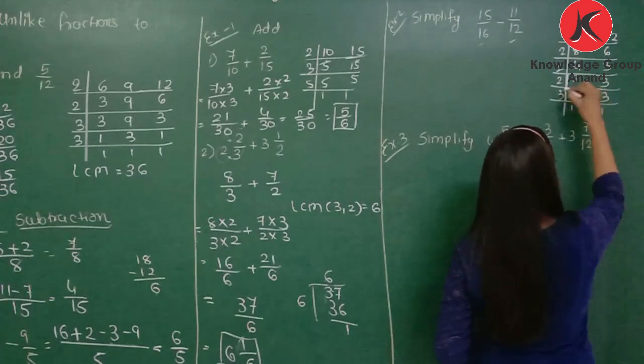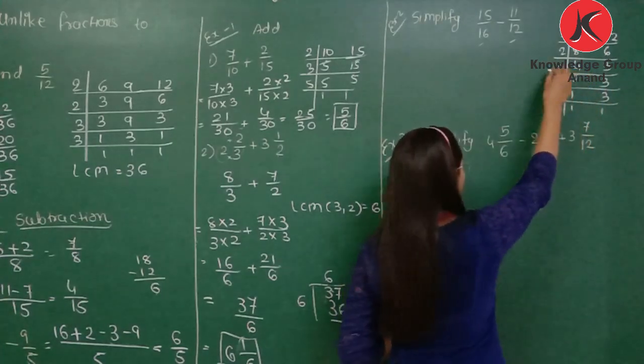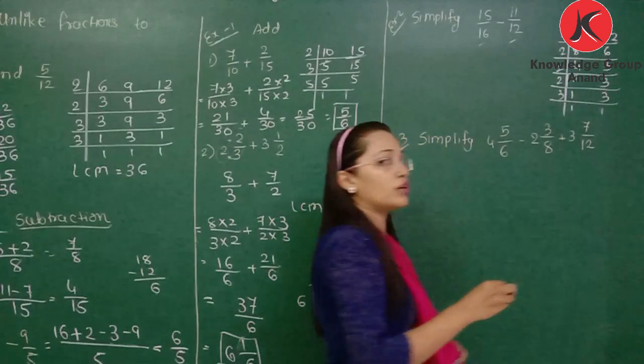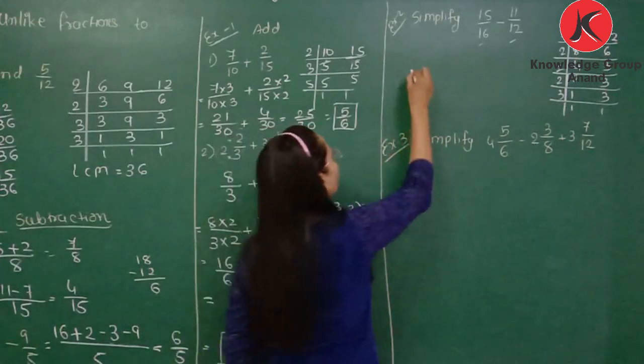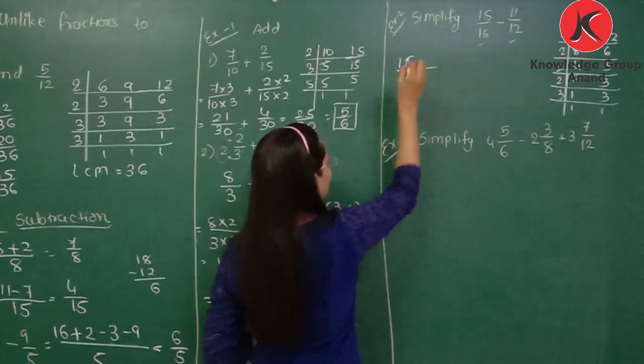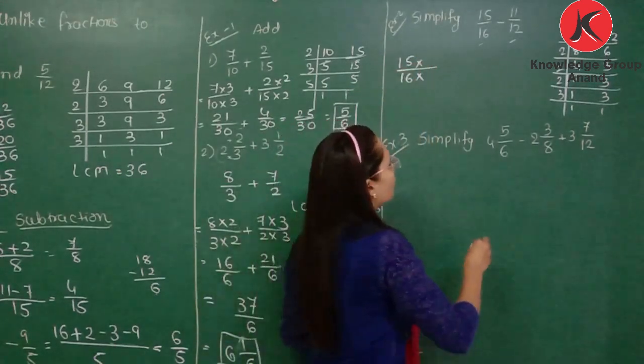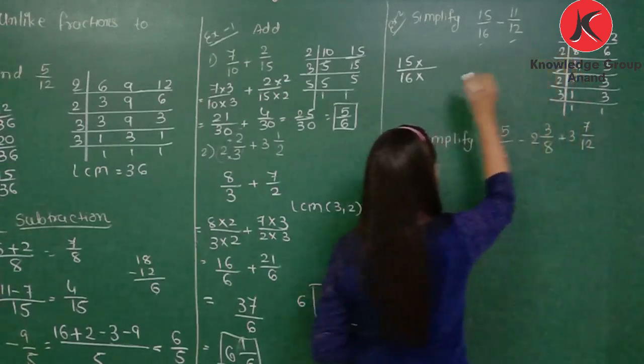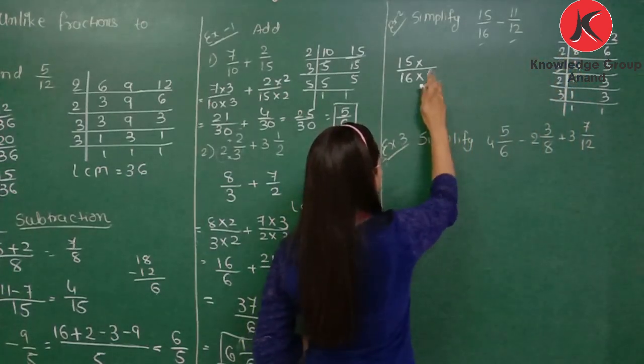So the LCM will be 2 2s are 4, 2 6s are 12, 2 12s are 24, 2 24s are 48. So the LCM is 48. Now 15 by 16 needs to multiply with 3.